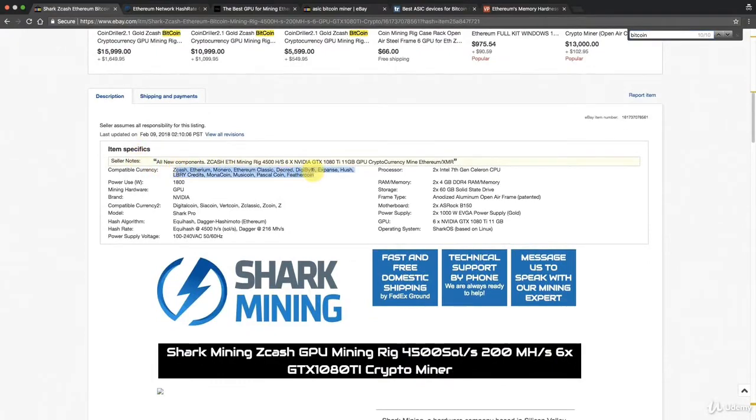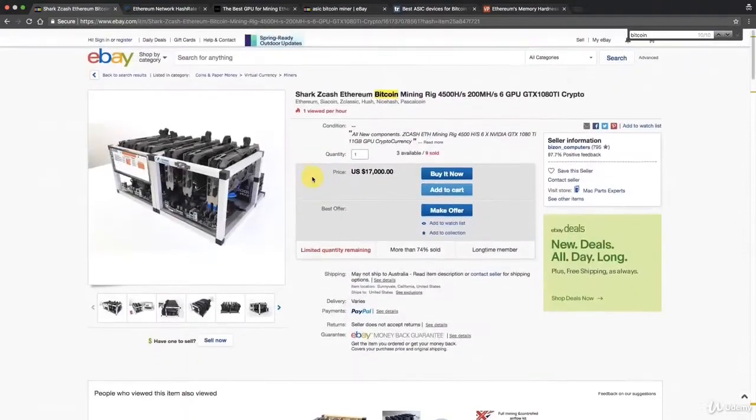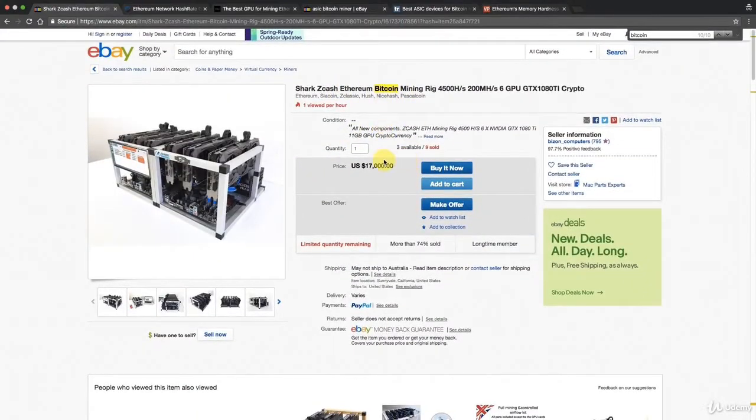So it's just a marketing thing. It's false advertising that they're saying Bitcoin here. It's just trying to get people who don't understand these things, that you cannot mine Bitcoin with GPUs anymore because there's ASIC devices, just to click here. Or maybe people are searching Google or eBay for Bitcoin mining. So, it's a way for them to get their product on the front page or on people's eyes.